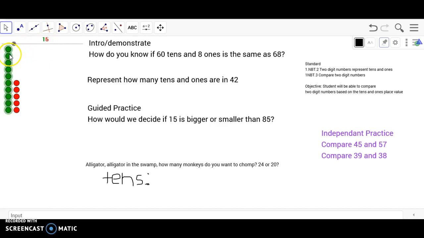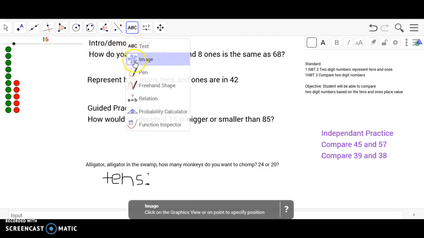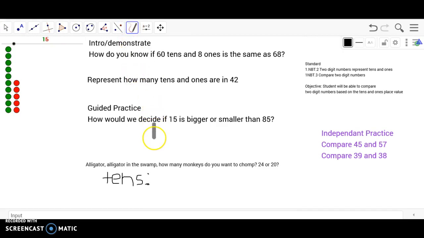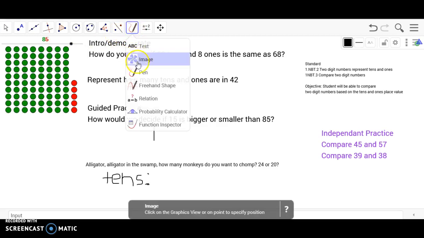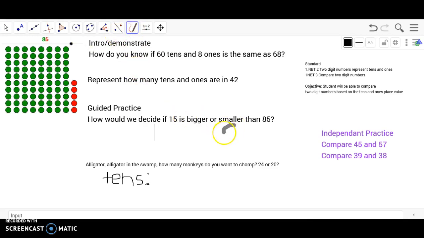You can see that we have one group of 10. How many tens are in the number 85? We have 1, 2, 3, 4, 5, 6, 7, 8 groups of 10 in the number 85.